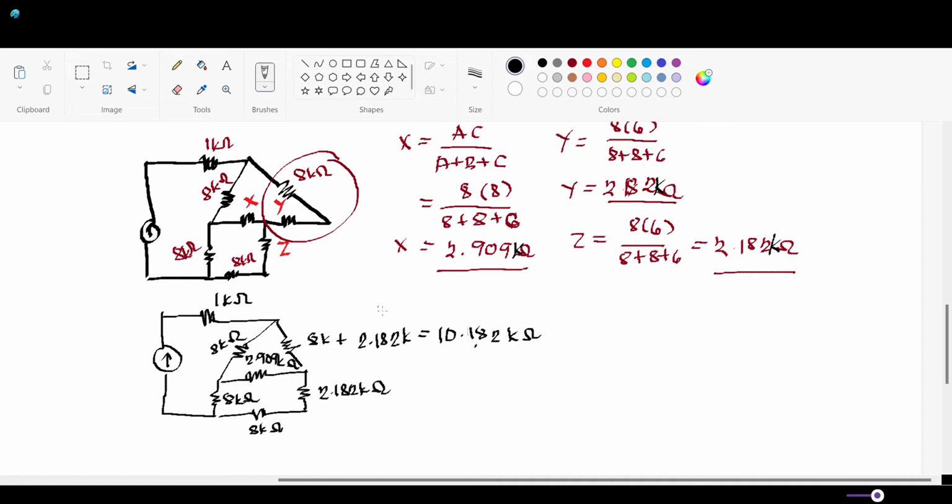Alright, so this is now our simplified circuit, and next is to combine this series combination. So this will become 10.182 kilo ohms.